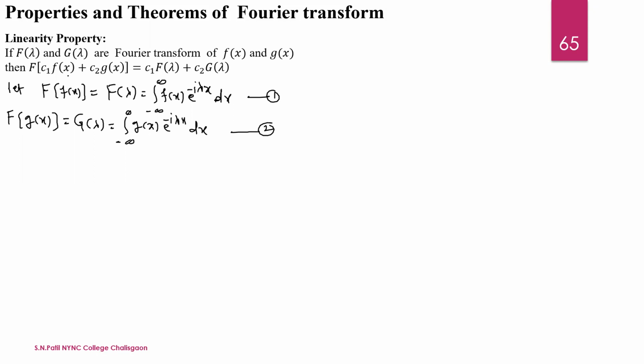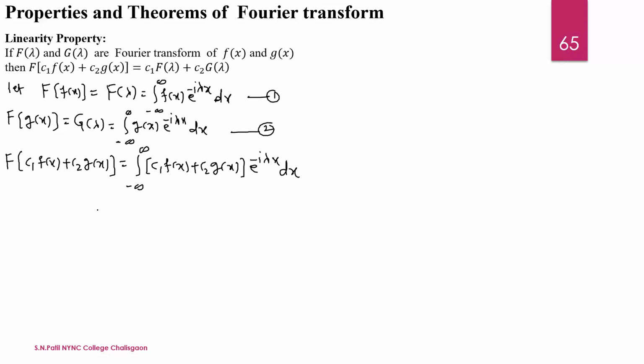If the Fourier transform operates on a function, then it integrates that function. Similarly, the Fourier transform of the linear function c1 f(x) plus c2 g(x) is equal to, applying the formula, the integral from minus infinity to plus infinity of c1 f(x) plus c2 g(x) times e to the power minus i lambda x with respect to x.